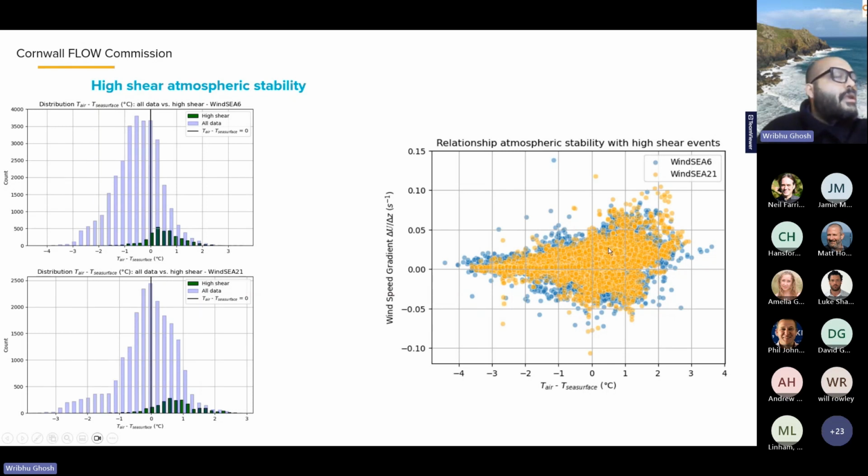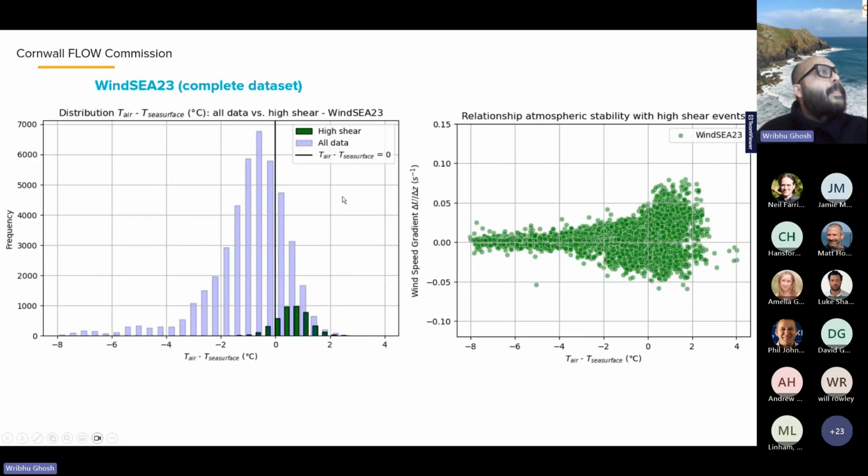Just to give you a better understanding of how this looks, we wanted to include the same observation for the third LiDAR that we have, which has a more complete and seasonally balanced dataset.